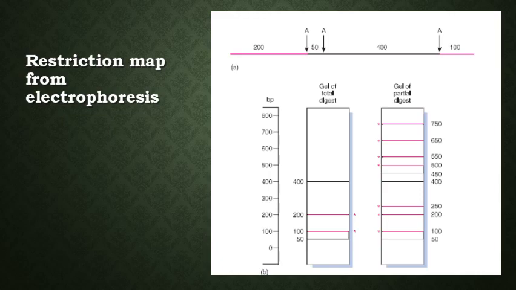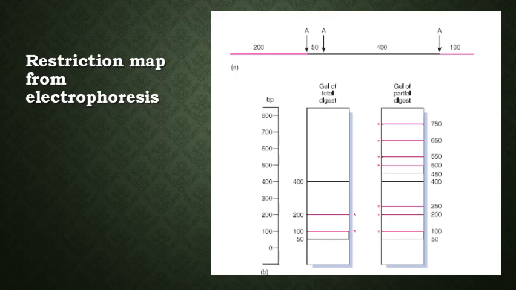The restriction enzyme makes 3 cuts in the DNA, generating 4 fragments that are 200, 50, 400 and 100 base pairs long. The banding pattern on the gel at the left in the figure is the result of the electrophoresis of the digest.